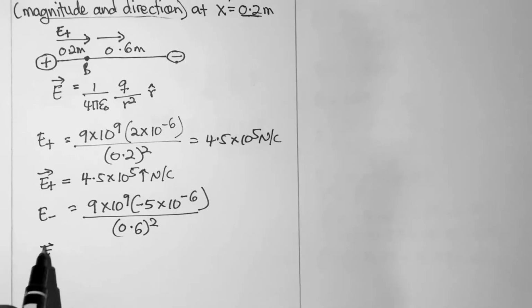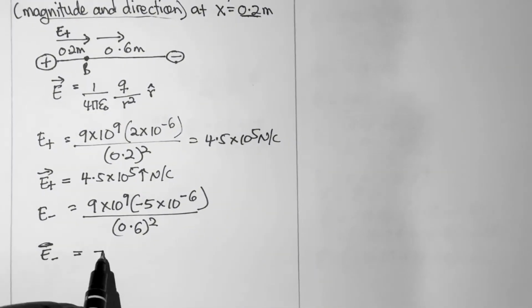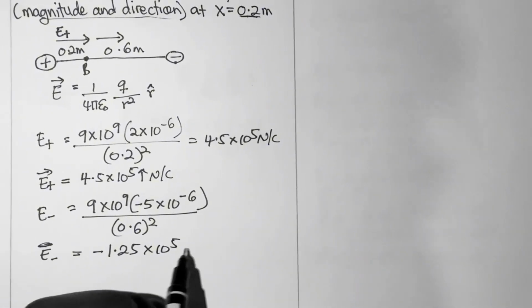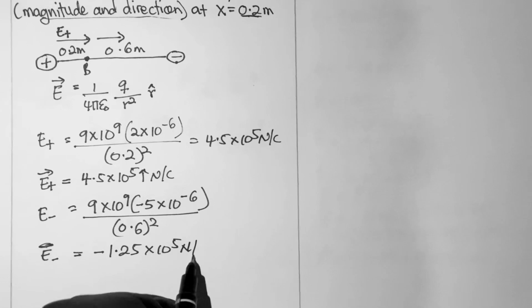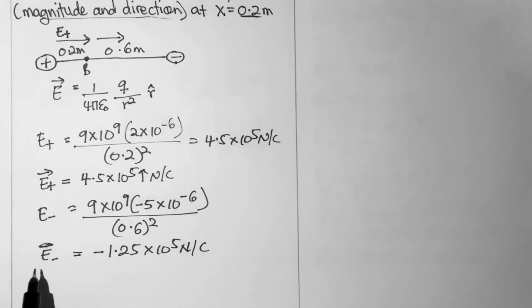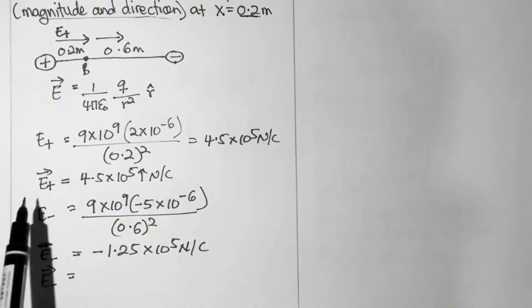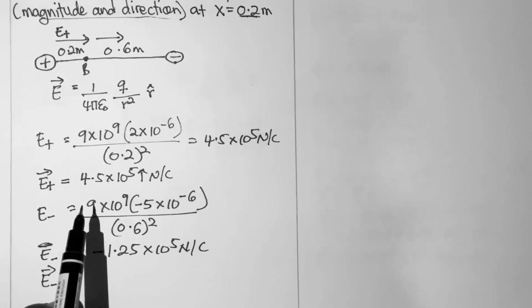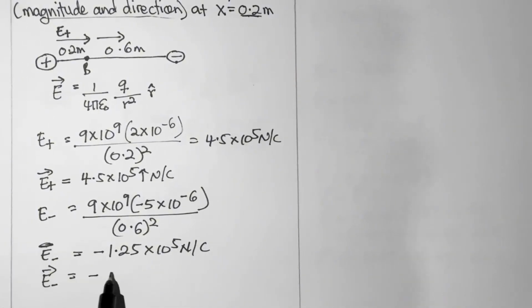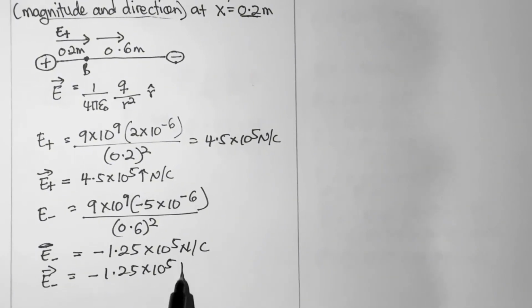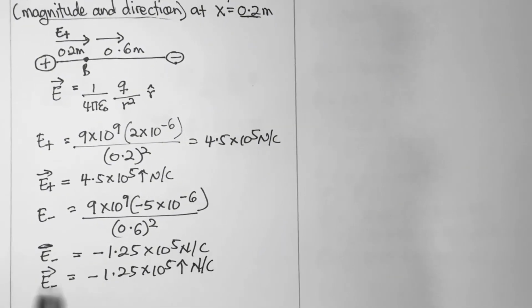So E minus, if you compute this, is minus 1.25 times 10 exponent 5 newtons per coulomb. Now, in terms of the electric field vector, remember that this is also going towards the positive x direction. So this is minus 1.25 times 10 exponent 5 i newtons per coulomb.